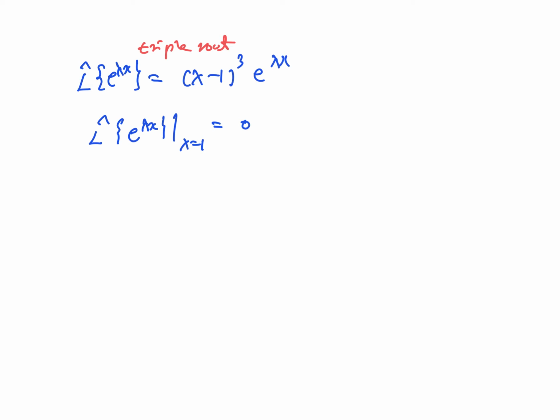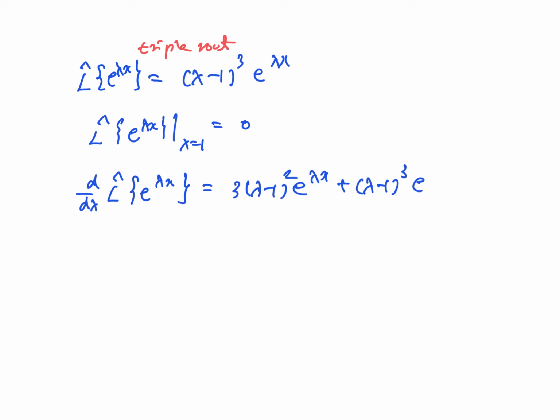How about if you differentiate once? If we differentiate once, then we have 3 times lambda minus lambda 1 square exponential lambda x plus lambda minus lambda 1 cube x exponential lambda x.